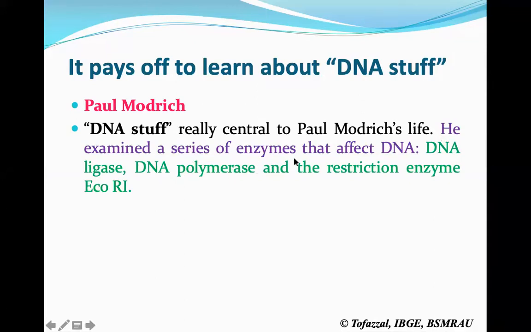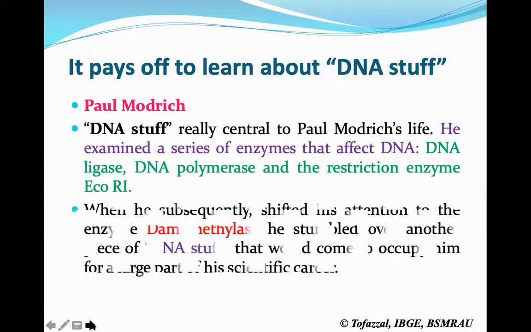He examined a series of enzymes that affect DNA: DNA ligase, DNA polymerase, the restriction enzymes in the E. coli bacteria. All individual enzymes. It was very difficult to discover their role and how they participate, and all the work that Paul Modrich and Aziz Sancar did, using the bacteria first, and then they used eukaryotic organisms.